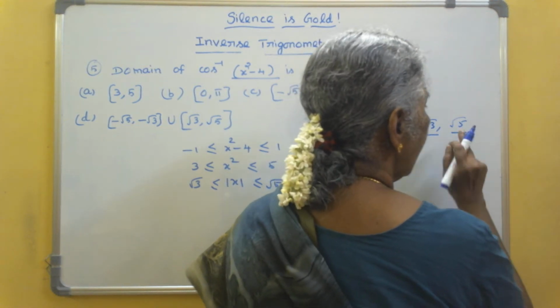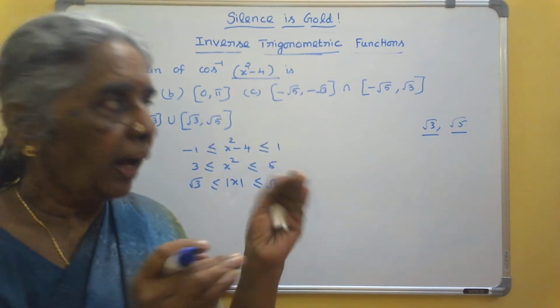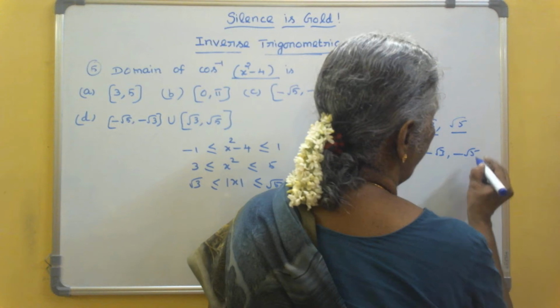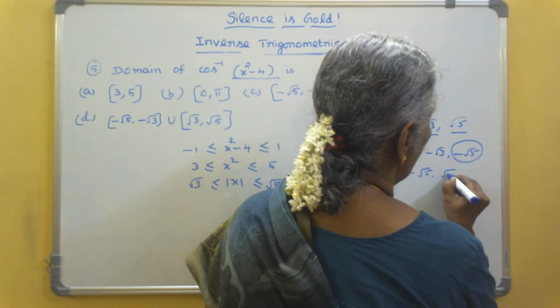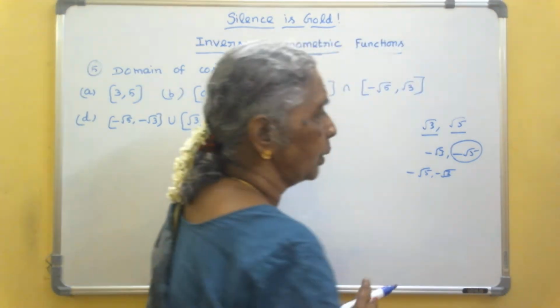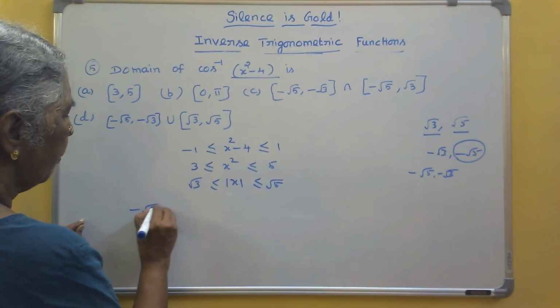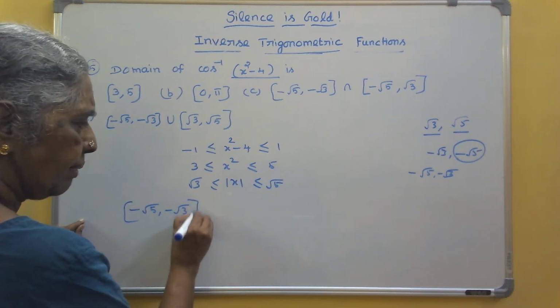So root 3 to root 5 will be one set. And when you consider minus root 3 and minus root 5, this one is the least, so it should come as minus root 5 and minus root 3. So x can lie in minus root 5 comma minus root 3, right?